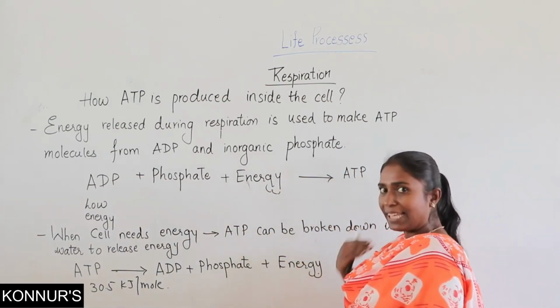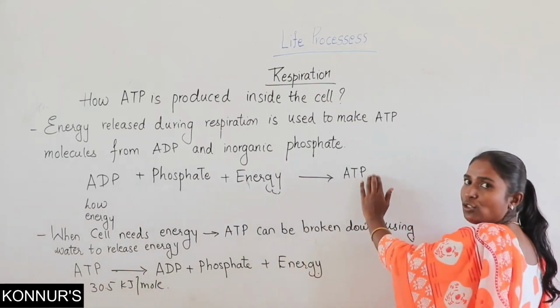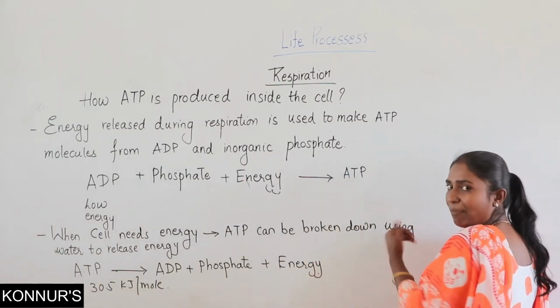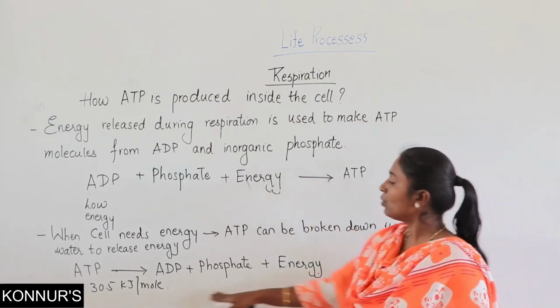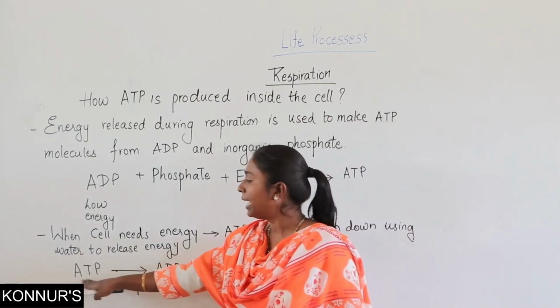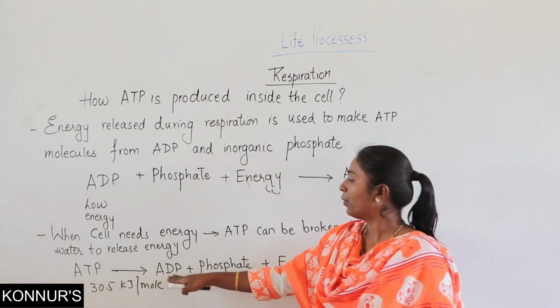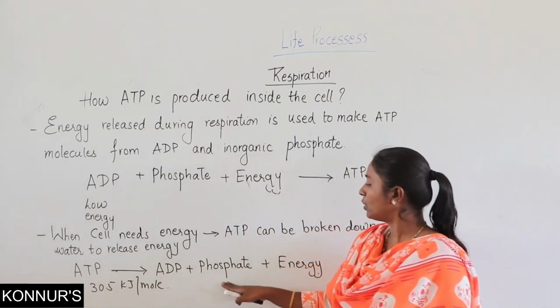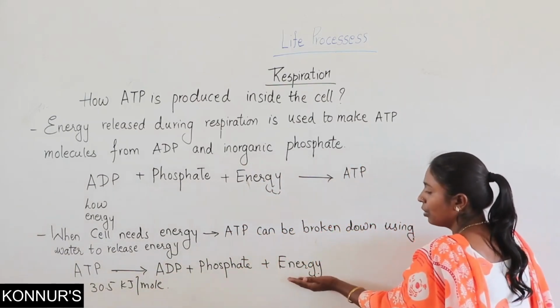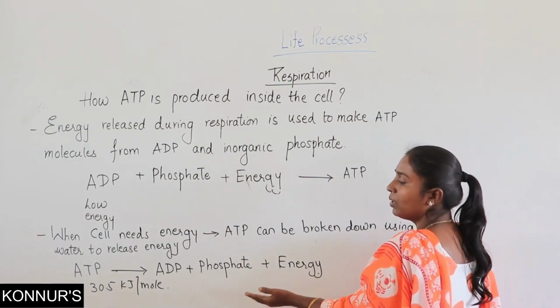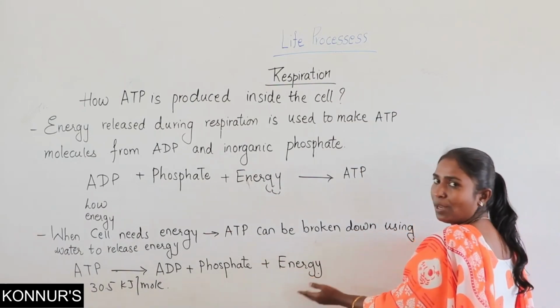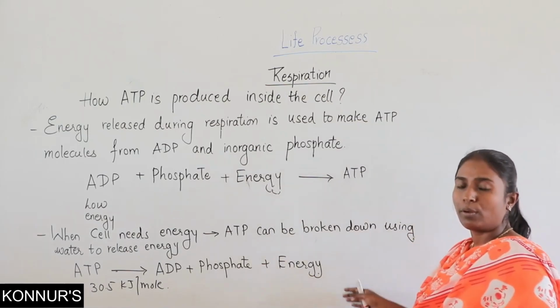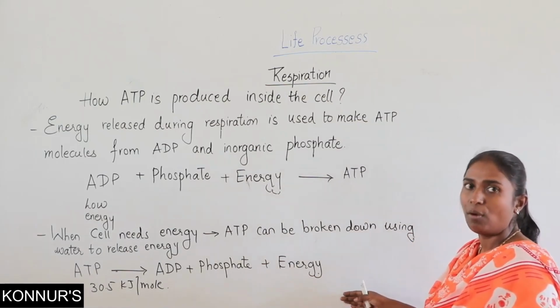When this ATP has to give energy, it has to be broken down. So it can be broken down using water. In this equation it gets clear, ATP is broken down to form ADP and phosphate to give a lot of energy. Approximately 30.5 kilojoules per mole of energy is released during the process.